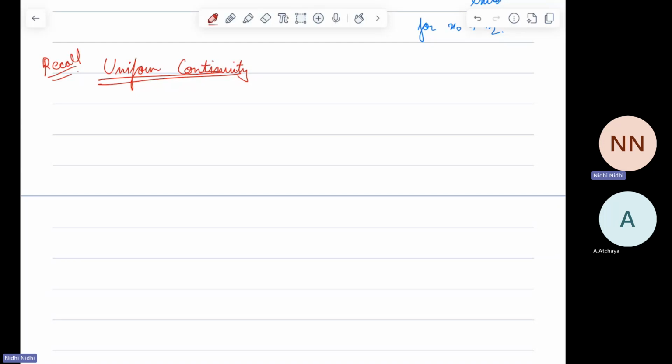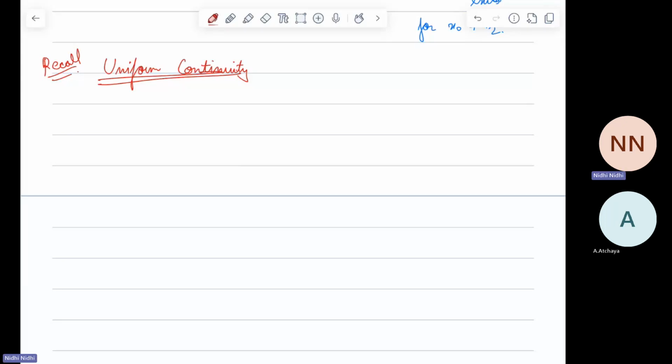So something must happen on the domain of the function. For continuity and limit, we wanted to see only the neighborhood of some point. So yeah, that was a point based property.